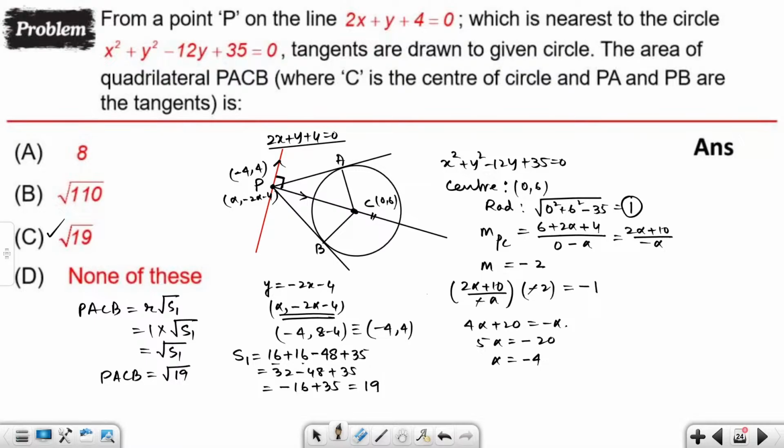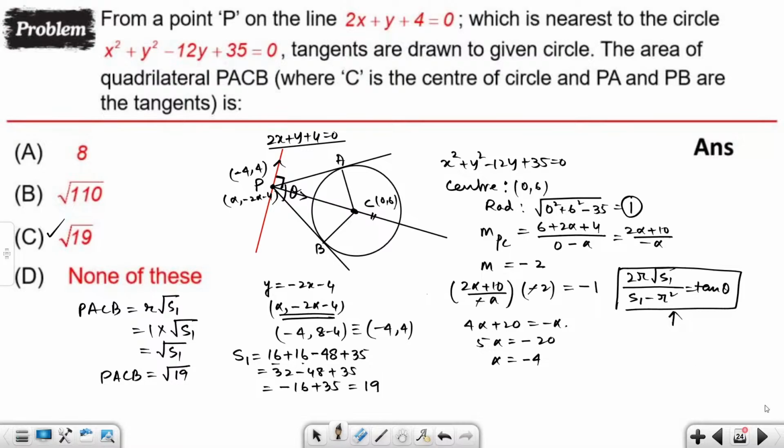Two things you have to remember: the area of this quadrilateral formed and the angle between these two tangents, which we have already learned. What is that? 2R root S1 divided by S1 minus R square. That is your tan theta, and theta is the angle between these two tangents. So these two results, please do remember. Area of the quadrilateral is R into root S1, and the angle between the tangents is this one.